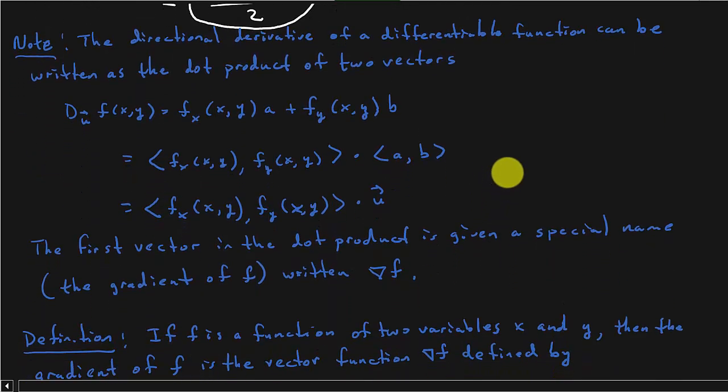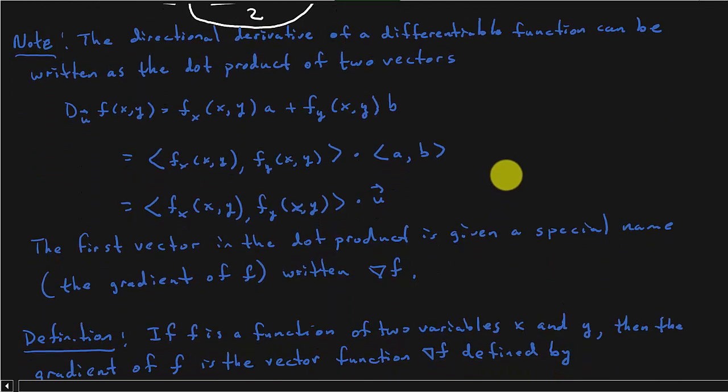All right, so it says the directional derivative of a differentiable function can be written as the dot product of two vectors. So the directional derivative of f is the partial of f with respect to x times a plus the partial of f with respect to y times b, which we can write as this vector here, the partial of f with respect to x, partial of f with respect to y, dot ab.